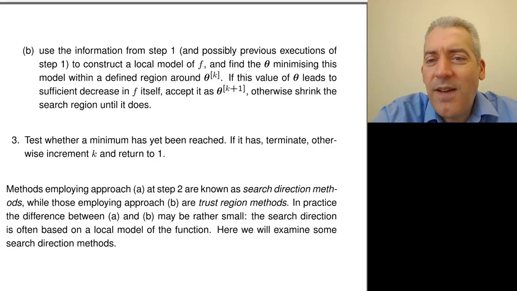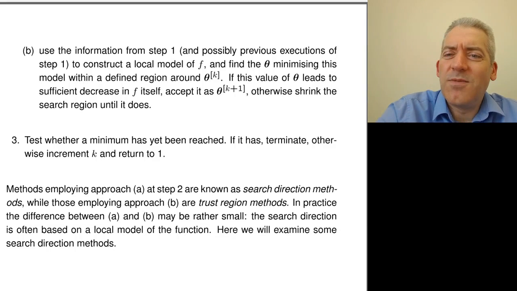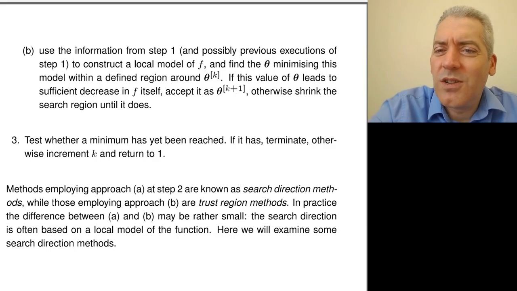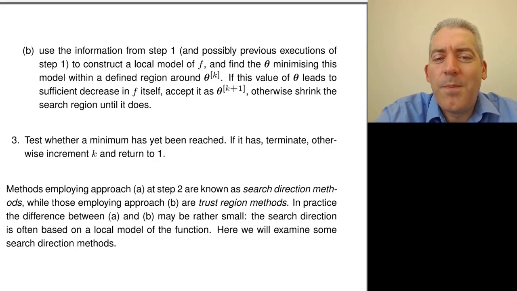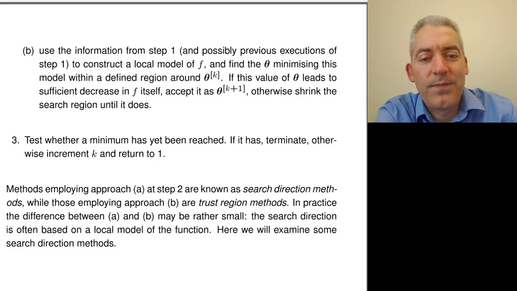But in fact the distinction between them is really very small, because you're always using some kind of model to decide what might be a good direction to go in anyway. So there isn't really a huge distinction between them, but we'll start with search direction methods and take it from there.